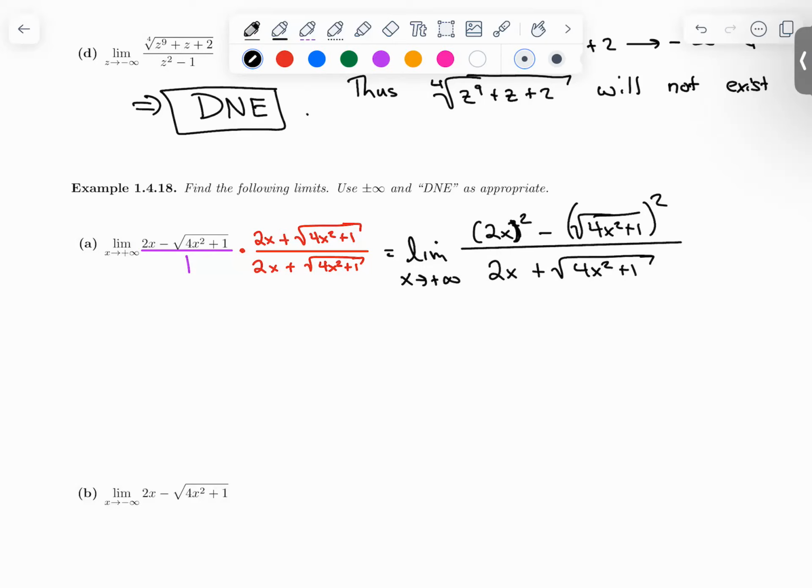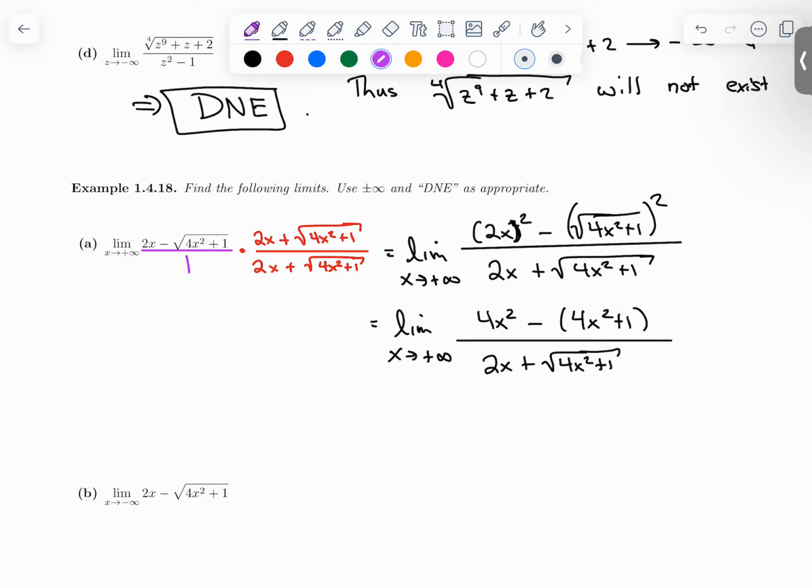And you see that we've kind of gotten rid of the issue because as x goes to infinity, if you're adding two infinities, that's just infinity. That'll blow up to infinity. So this will be the limit as x approaches positive infinity of 4x squared minus 4x squared plus 1 divided by 2x plus the square root of 4x squared plus 1. And when I distribute that, I'll write one more step and then I'll claim the answer.